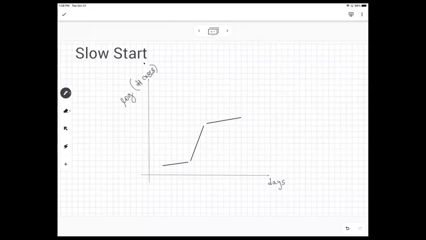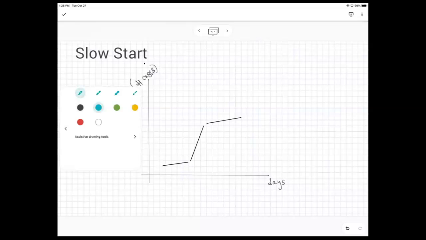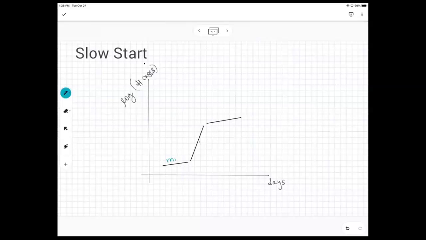But let's suppose that this is a representation of the data. Here we would associate each of these lines with some slopes that I'm going to call m sub 1, m sub 2, and m sub 3.